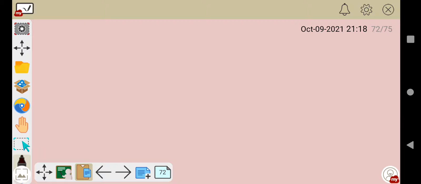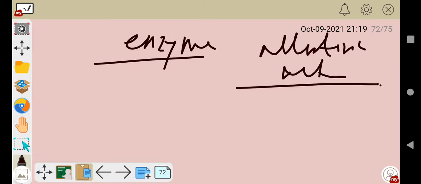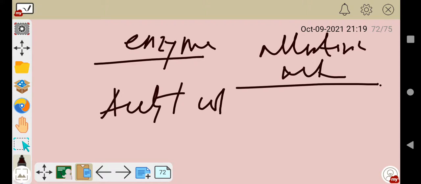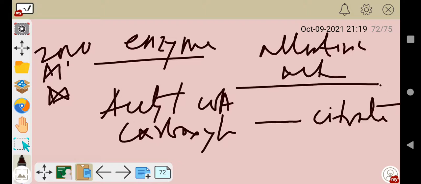Is something left? Yes. Enzymes and allosteric activators. Also a repeat topic, as you know. Acetyl CoA carboxylase: citrate is the allosteric activator. This came in 2020 AIIMS.